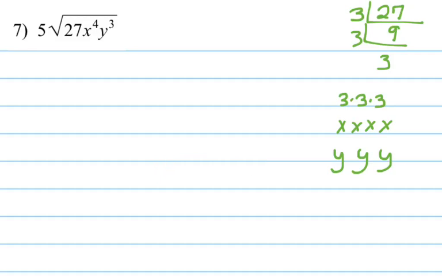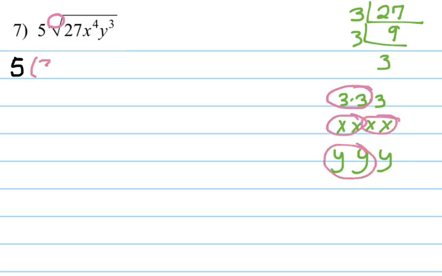And so that 5 is going to hang out in front, and then it will be joined by any groups that we bring out. It's a square root, so I'm looking for sets of 2. I have a set of 2 3's. And I have x squared, because I have 2 sets of 2 x's and a y.